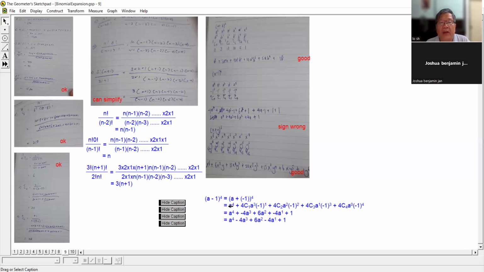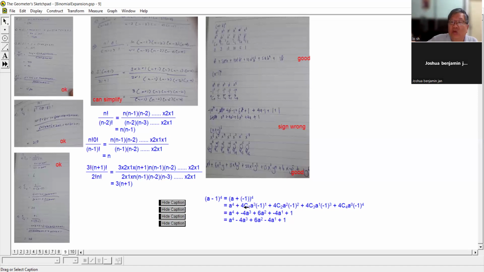Once you know one thing about the term, all the information about that particular term is known. Now, from a to the power of 4, it decreased to a to the power of 3. So if a to the power of 3, then what will the b be? The b will be b to the power of 1, and the b is -1. Then coming back to the coefficient, because b is raised to the power of 1, then the coefficient will be 4C1.